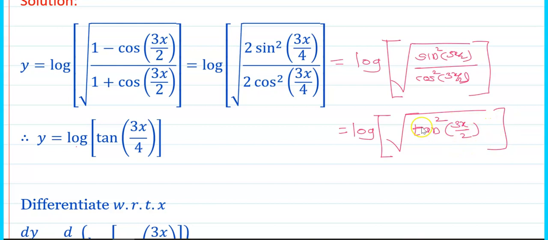Square and root get cancelled, and hence log of tan of 3x upon 4. Root and square get cancelled, you are getting tan of 3x upon 4.